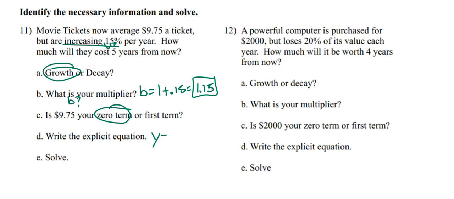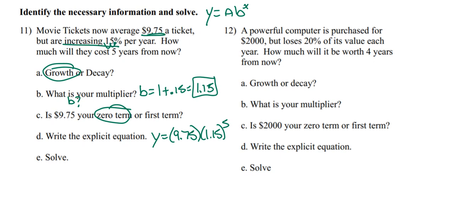It's going to be y equals. Let me write the formula again. It's a b to the x. All right, and a is the original amount. So the original amount is the 9.75. And then it's going to be 1.15 to the 5th, since it's 5 years from now.